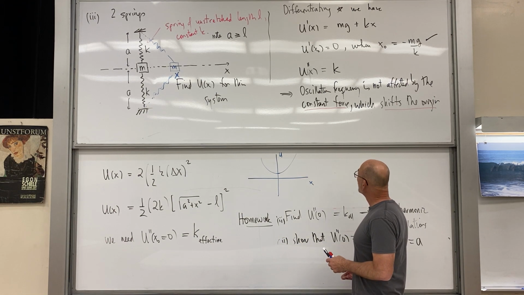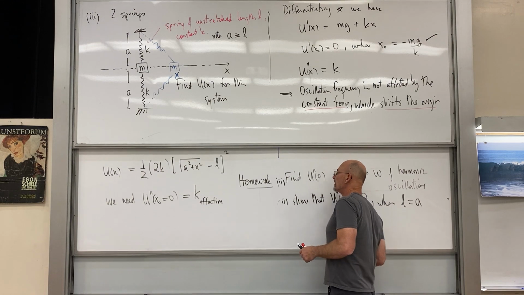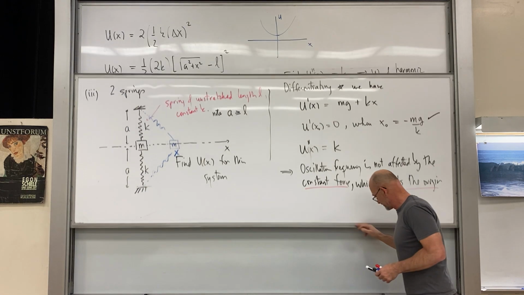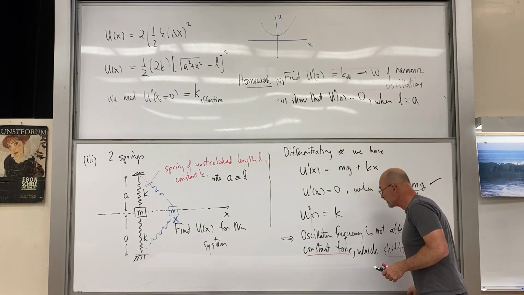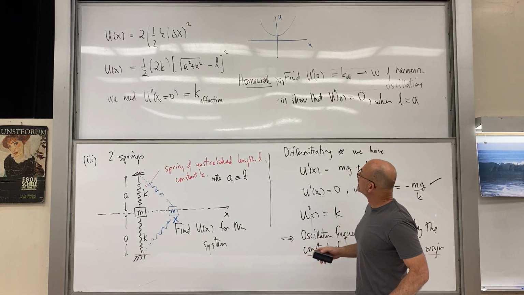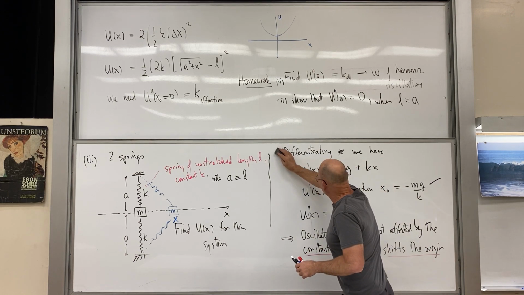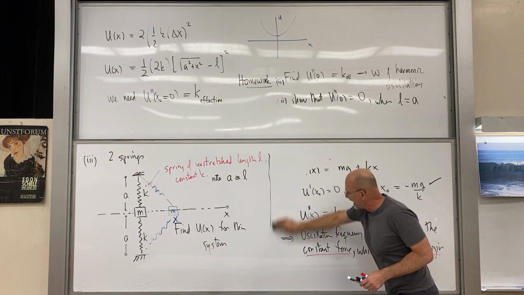And I'll even write something about that. Because this function has its minimum at x equals 0, let's write down what the Taylor expansion will be like.